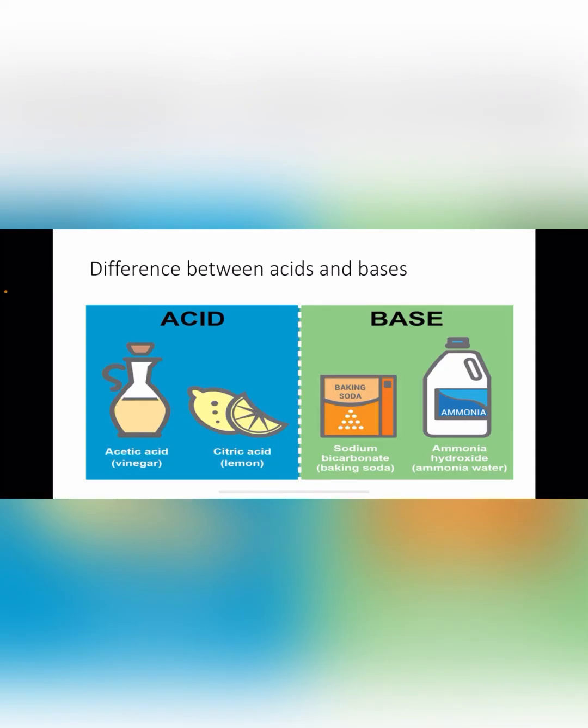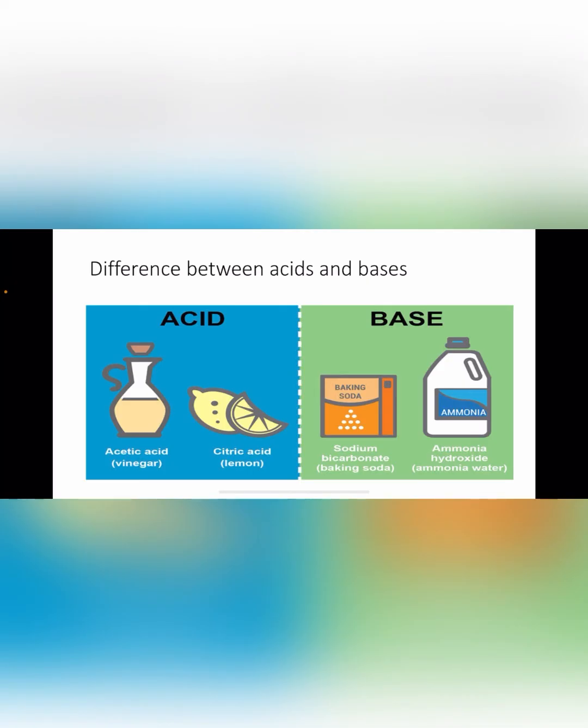Also, when we use our blue litmus paper, it turns red, meaning that the solution is an acid. But when we take our red litmus paper and it turns blue, it means that the solution is a base.